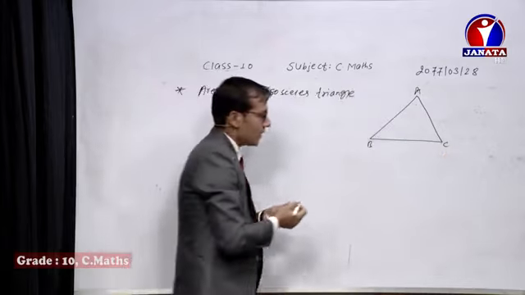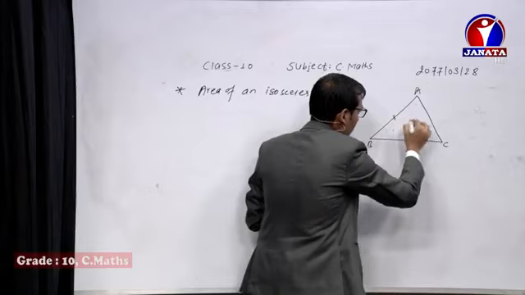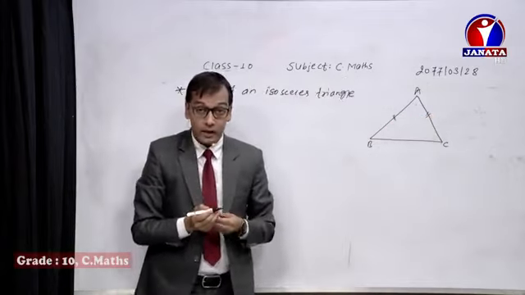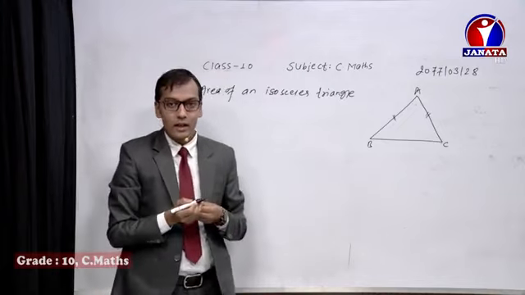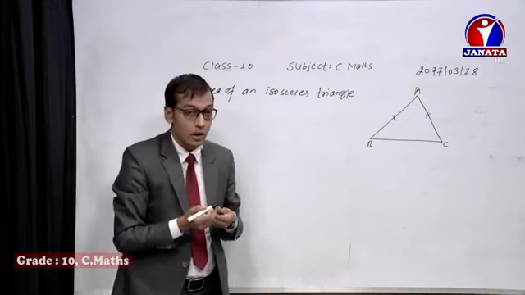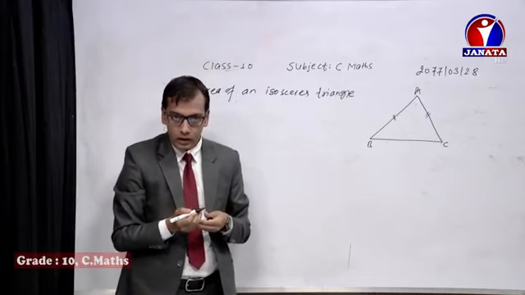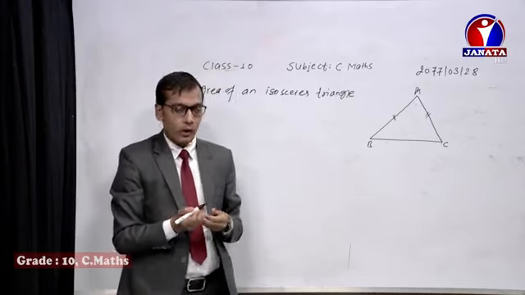ABC is an isosceles triangle. In an isosceles triangle, any two sides are equal, and we know there are some special features of an isosceles triangle. Two sides are equal and the base angles are also equal.